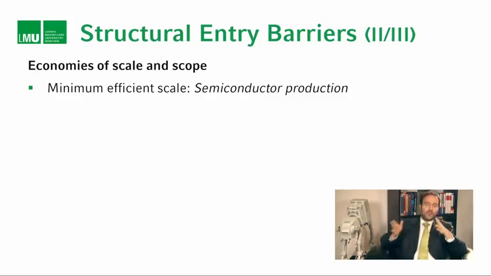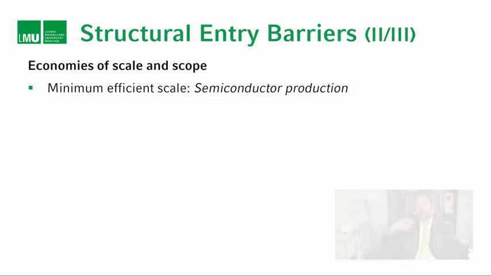You cannot have a small plant in which you produce semiconductors because that's going to make you much more expensive than other players in the market that produce at what's called the minimum efficient scale. So in other words, to enter a market, you have to reach minimum efficient scale, and if that minimum efficient scale is large, then it's going to make it very difficult for you to enter.